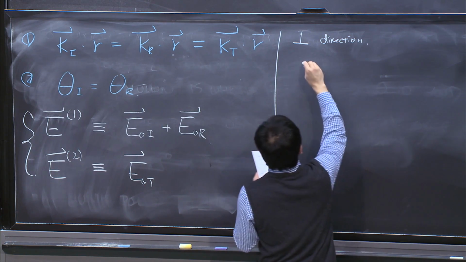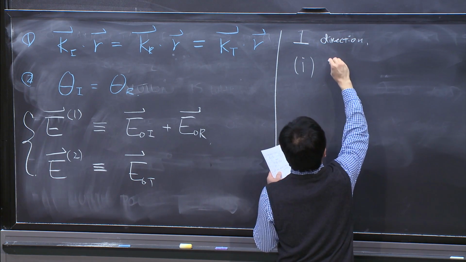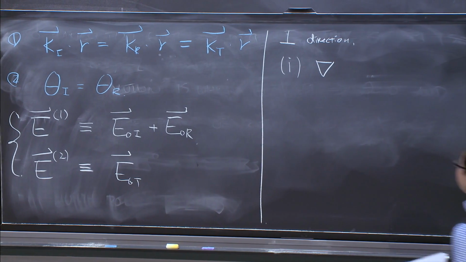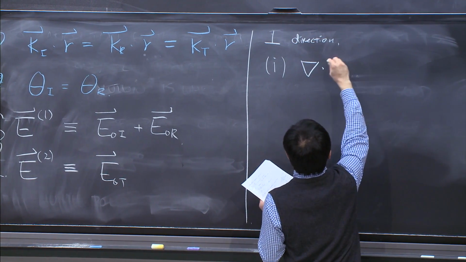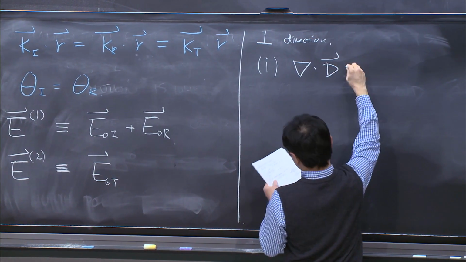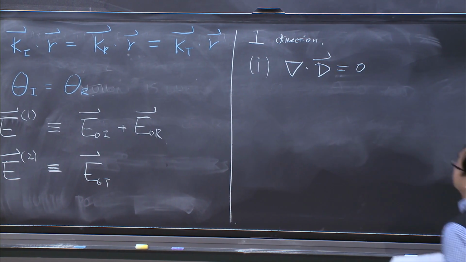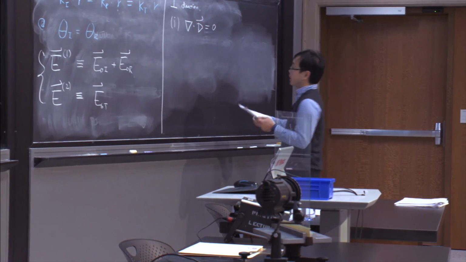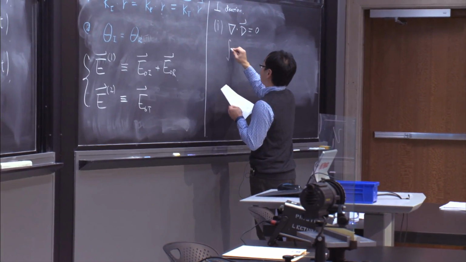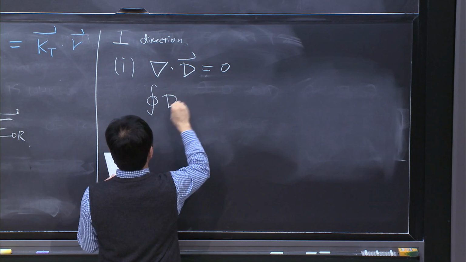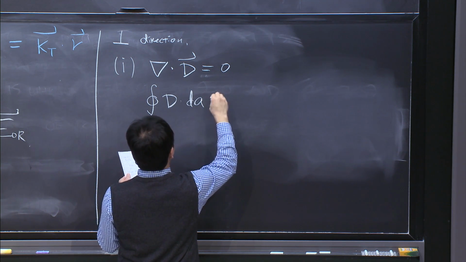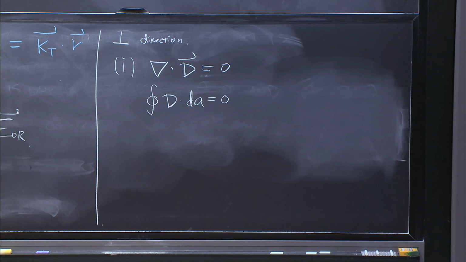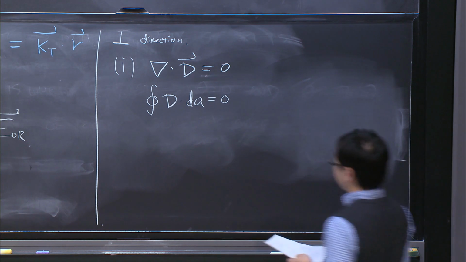For that, I can make use of the first Maxwell's equation in matter, which is del dot D equal to 0. We are considering the case without any free charge. So that means I have a Gauss law: the surface integral of D dot dA will be equal to 0.